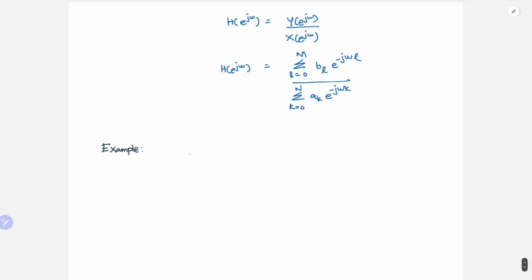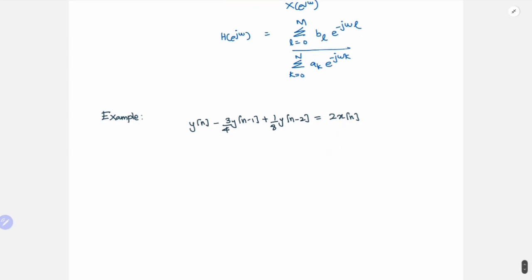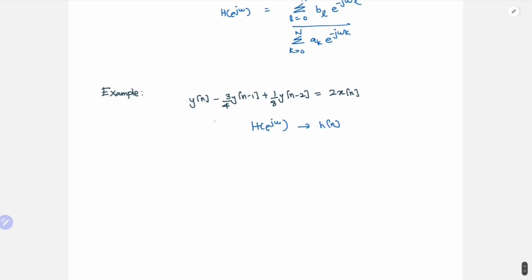Say my difference equation is y of n minus 3 by 4 y of n minus 1 plus 1 by 8 y of n minus 2 is equal to 2x of n. I want to find H of e power j omega and also h of n. I'll just take the DTFT on this.